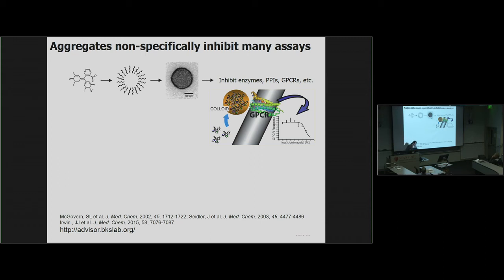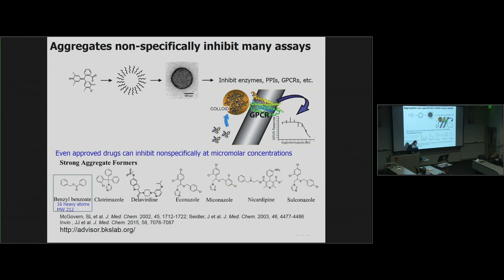And this happens not just with really ugly molecules, such as tetraiodophenolphthalein. Even approved drugs can form aggregates. All of these are approved drugs. They all have specific targets at a therapeutically relevant concentration. But at higher concentrations, these will form aggregates that will non-specifically inhibit a variety of different assays.